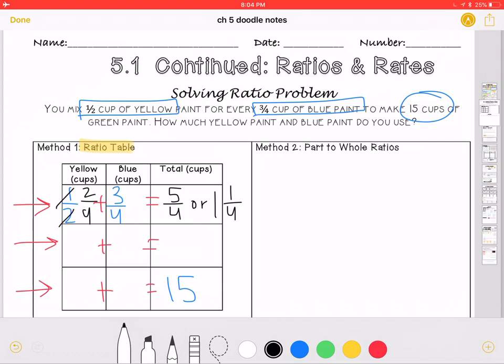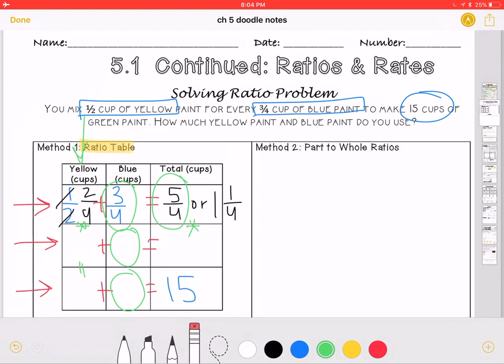So now you'll have to know that when we go down a row or down a column, our numbers get multiplied to get this number. So I would multiply this and this to get this. That makes sense. So that means whatever I multiply 5/4 by, it should give me 15.